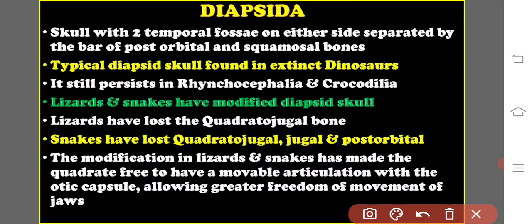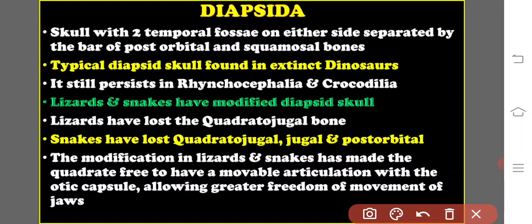A typical diapsid skull is found in the extinct dinosaurs. Extinct dinosaurs had the typical diapsid type of skull. It still persists in the Rhynchocephalia and Crocodilia, whereas the lizards and snakes have the modified diapsid skull.